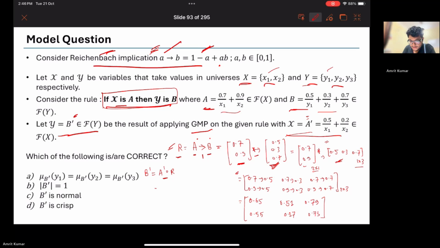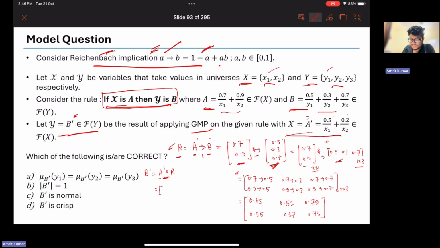Okay. So this is our matrix R. And since we are doing the max-min composition, we are pre-composing a fuzzy set with a relation. So A dash comes forward. We will use the row vector identification for fuzzy set A dash.